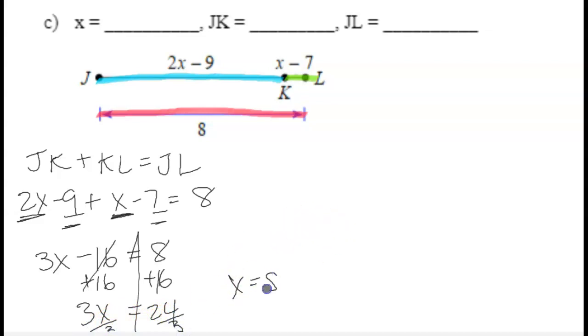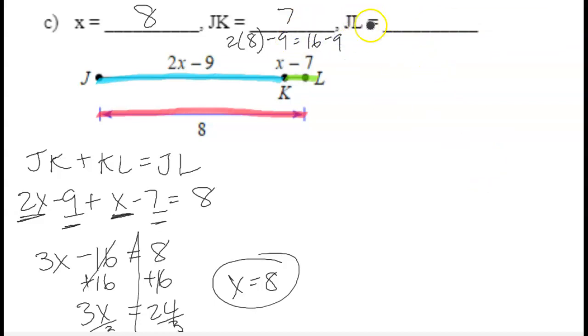I get x equals 8 here. Alright, I'm asked to find JK, so plugging that 8 in for my x value here. 2 times 8 minus 9, or 16 minus 9, that is 7. JL, ooh, look, that's already given to us. Nice, no solving needed. That comes out to 8.